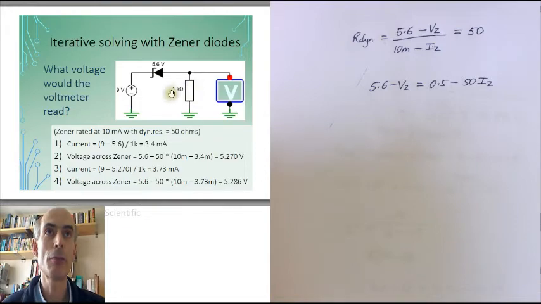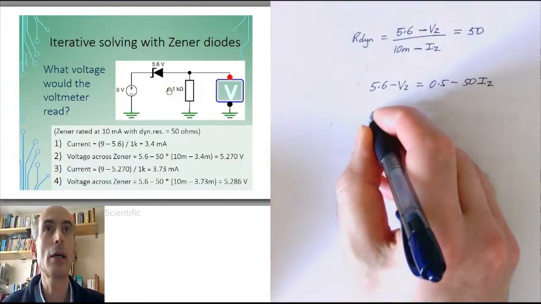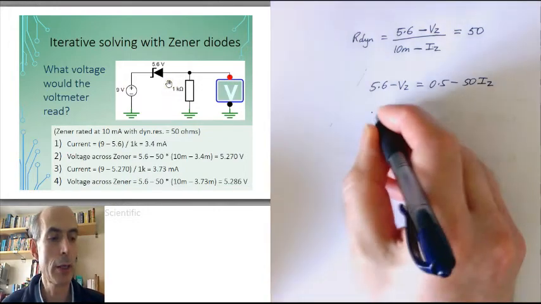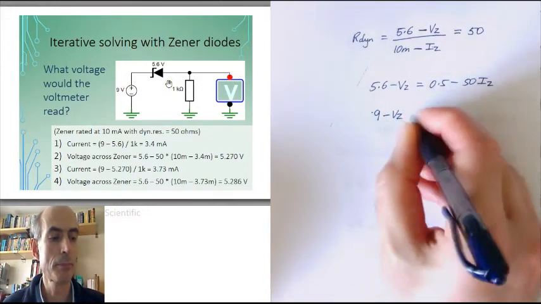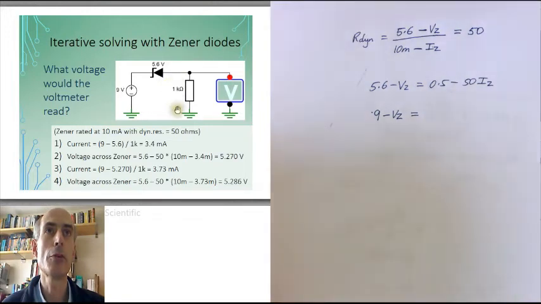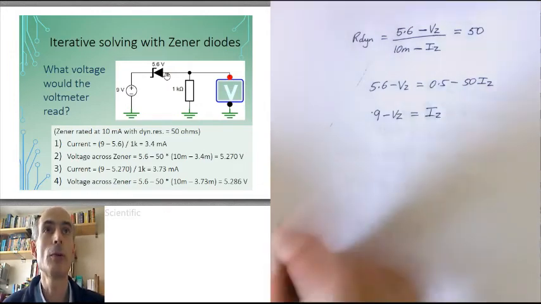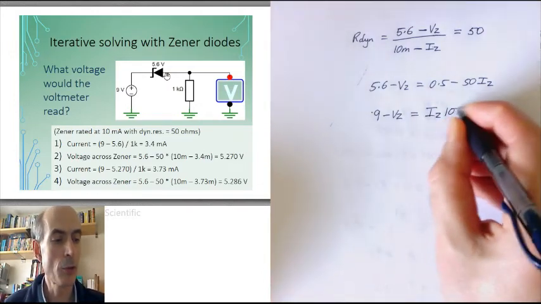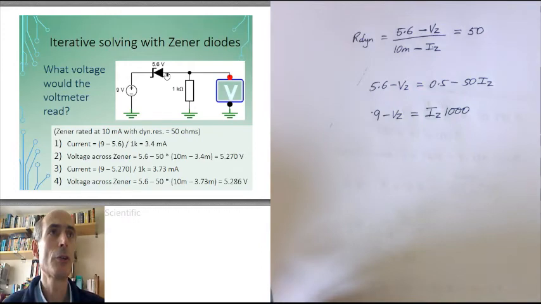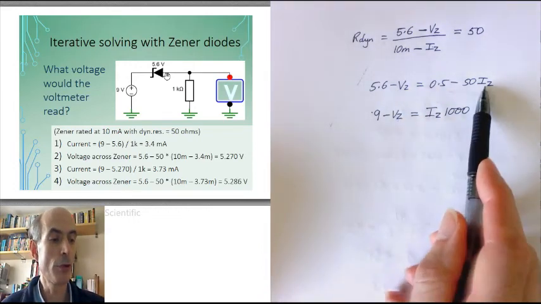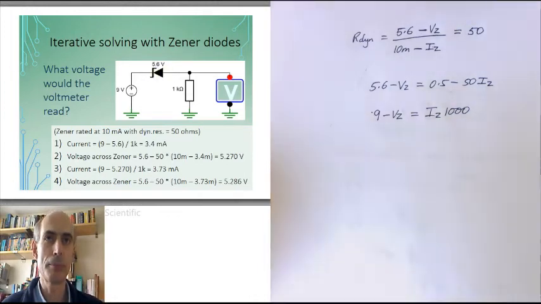Ohm's law tells me that the voltage across this resistor, which is 9 minus Vz, is going to be the current through the resistor, which is the same as the current through the diode, Iz, times the value of the resistor, 1000 in this case. So I now have two linear equations in two unknowns, Iz and Vz. So that's comparatively simple to solve.